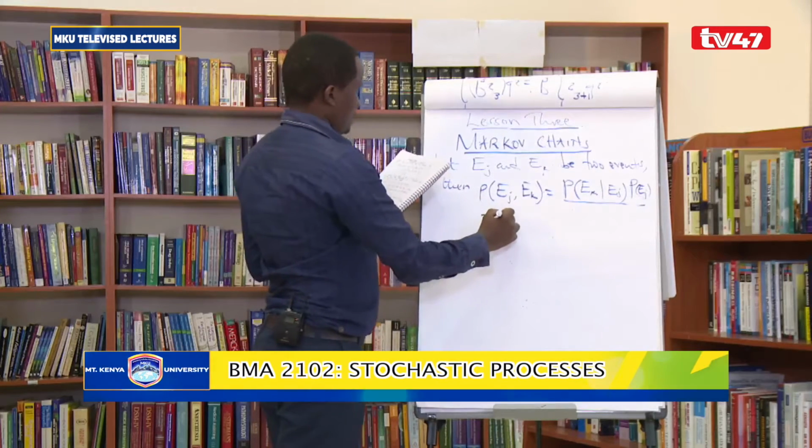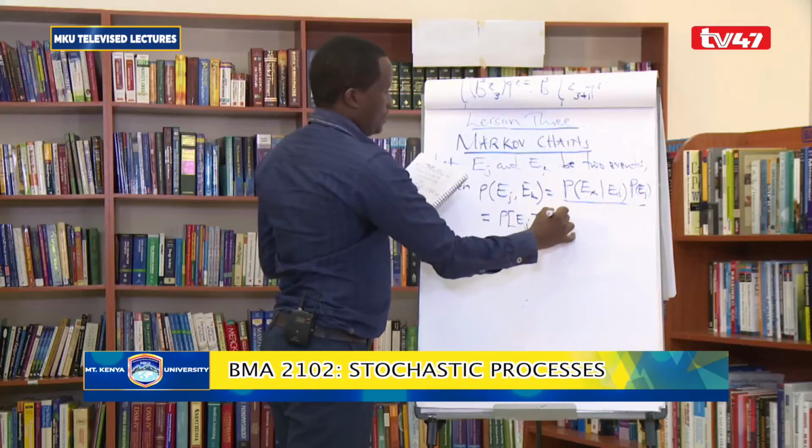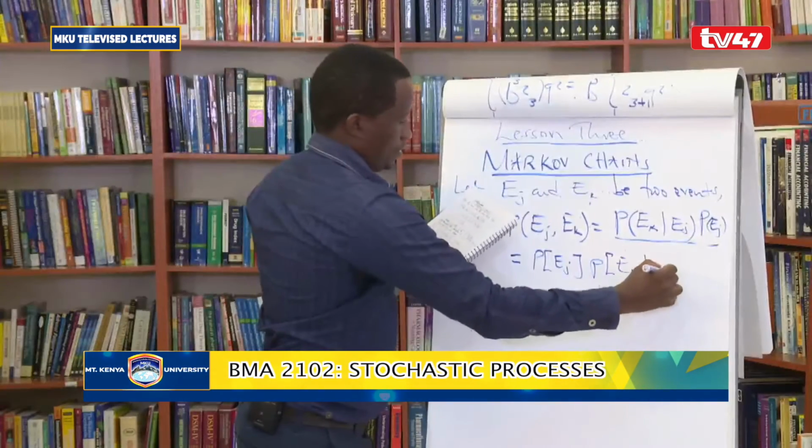This is the same as the probability of event J multiplied by K given J.